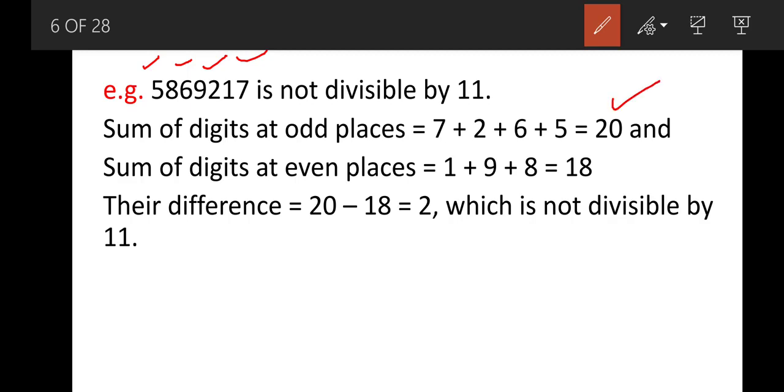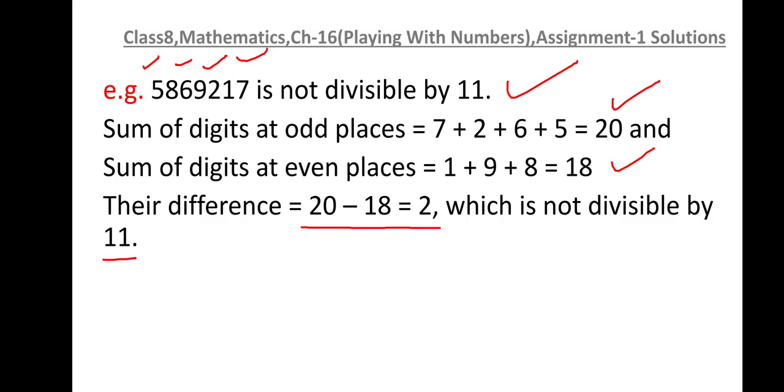Then we have taken the sum of the digits at even places, 1 plus 9 plus 8, that is equal to 18. Then we have taken their difference, which is neither 0 nor divisible by 11, because it can be either 0 or divisible by 11. So we conclude that the given number is not divisible by 11.